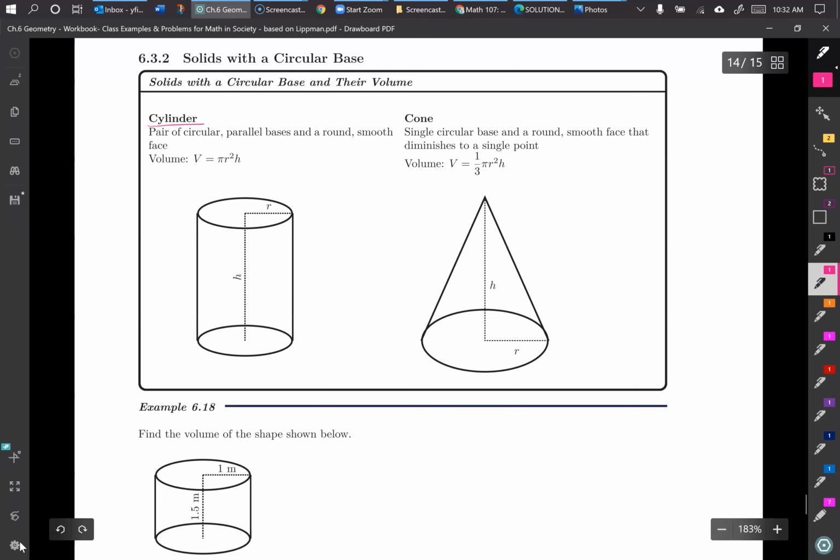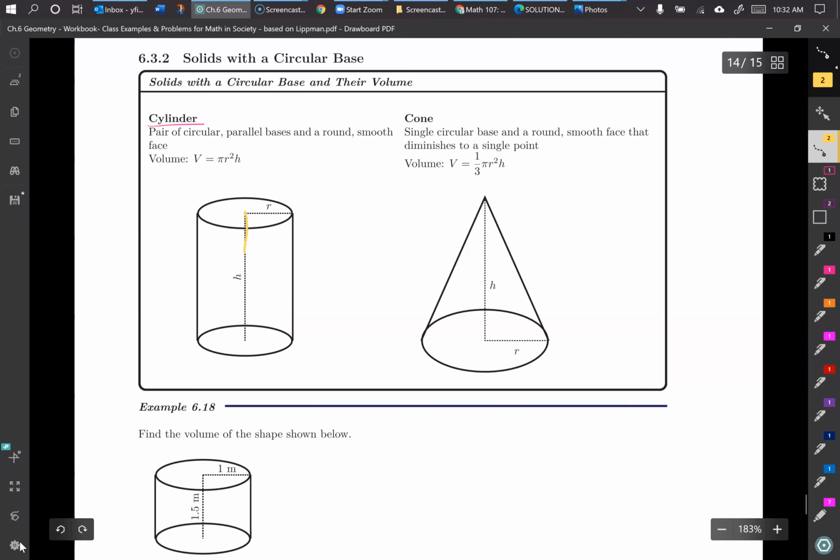We have a cylinder, a pair of circular parallel bases right here. So that's my surface area of the top and bottom of the shape there, and then it's as if it stretches all the way down, right? And that's multiplied by whatever that height is.